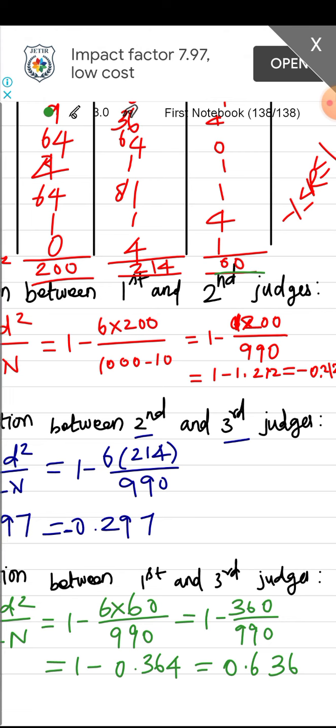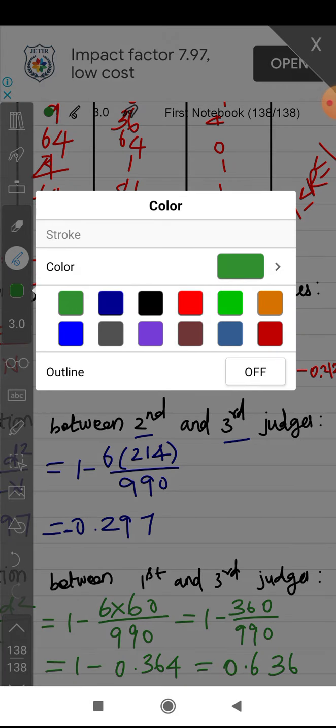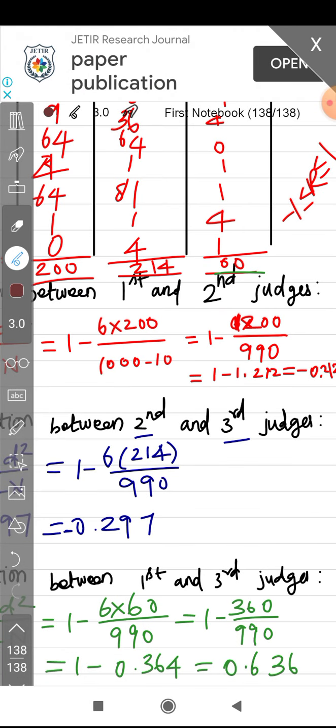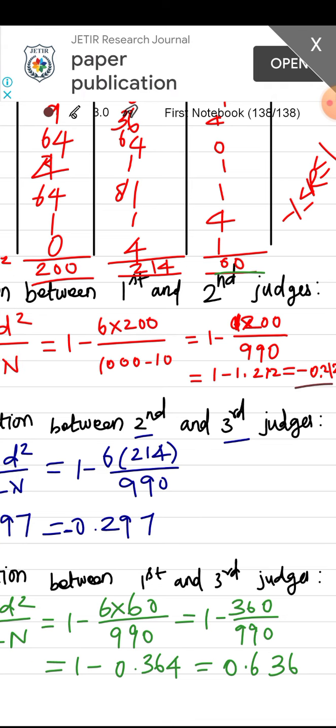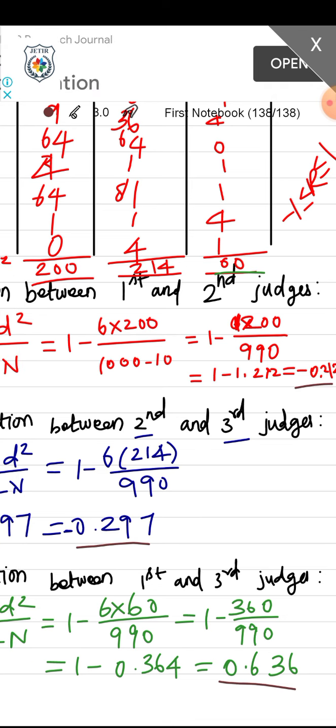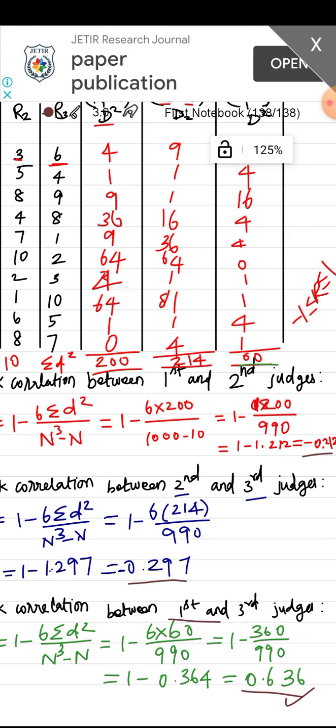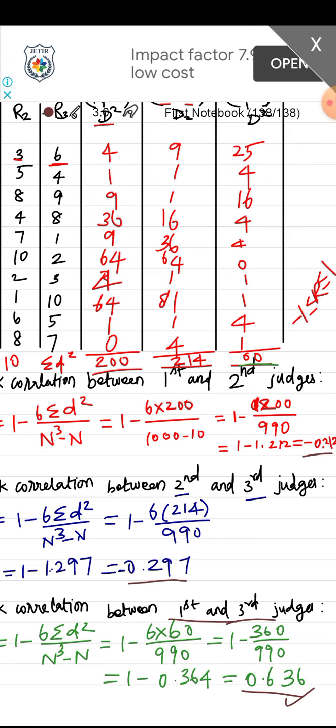Now we are going to compare these three values. Which one is the maximum? Yes, this is the maximum, 0.636. So finally we get that the first and third judges have the common approach.